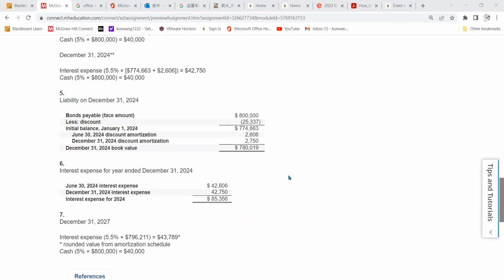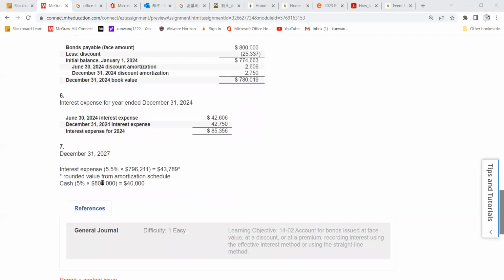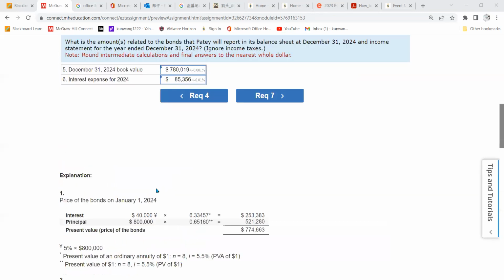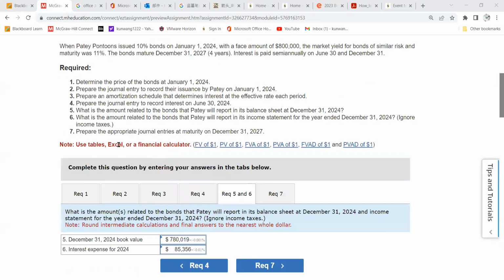And finally, the maturity. I believe you need to adjust for the final one, so let's see, requirement 7: prepare the appropriate entry at maturity.